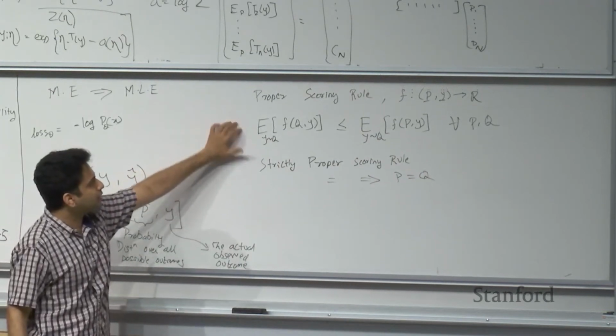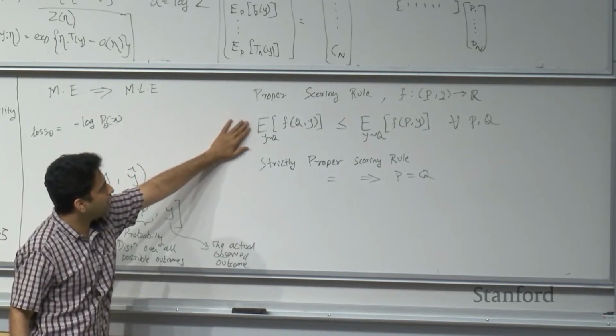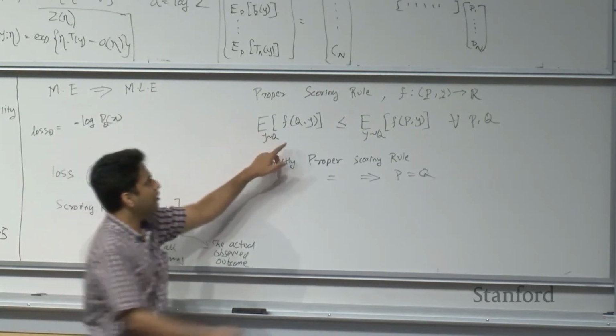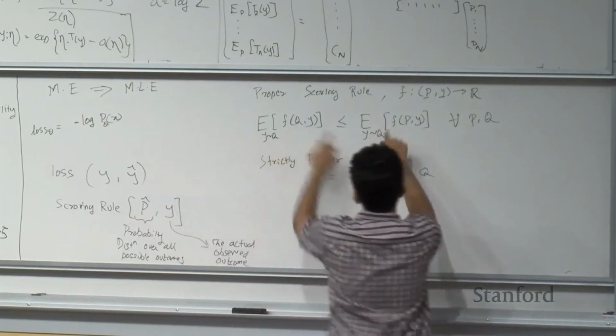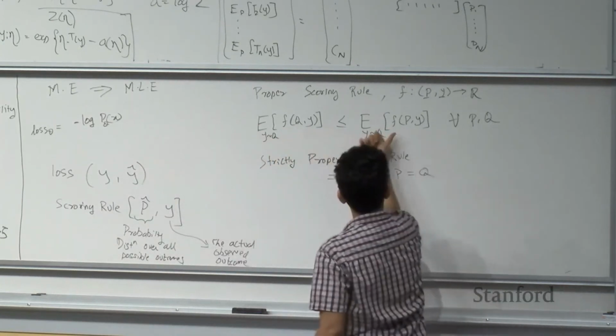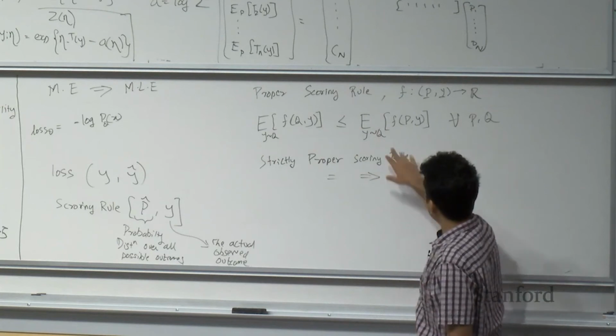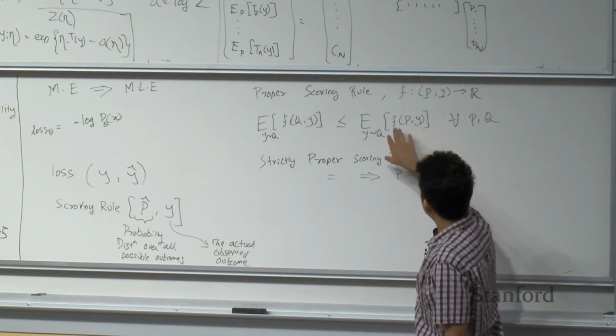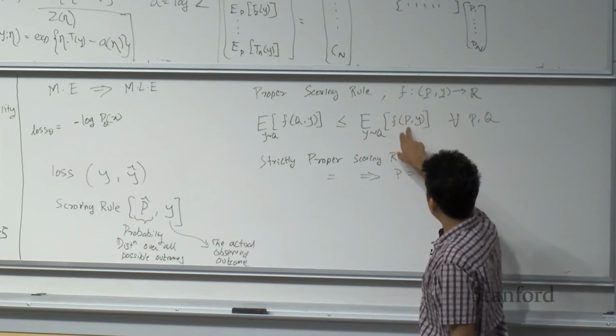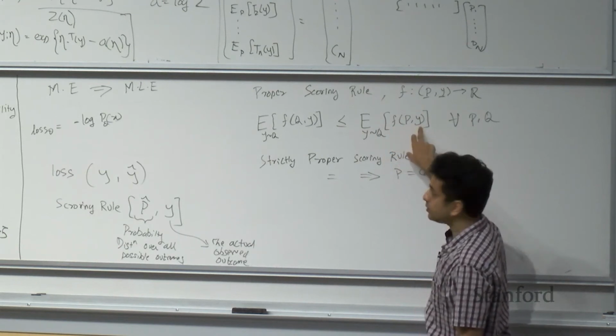What does this mean? So let's try to understand this a little better. We have two instances of the scoring rule being called. The scoring rule, as I said, takes a prediction and an actual outcome, right?